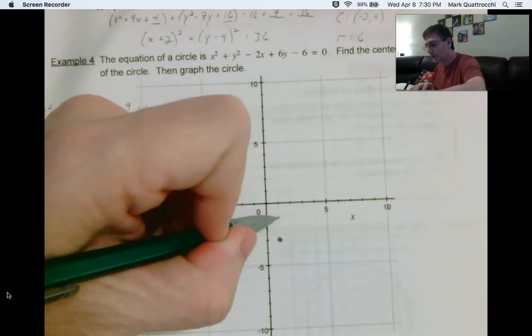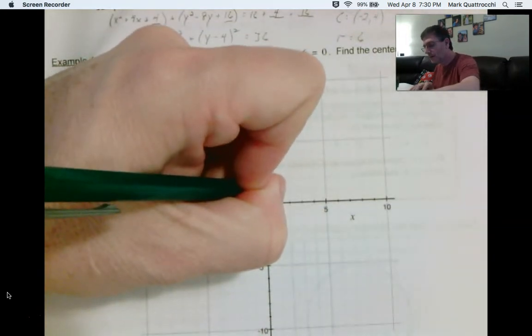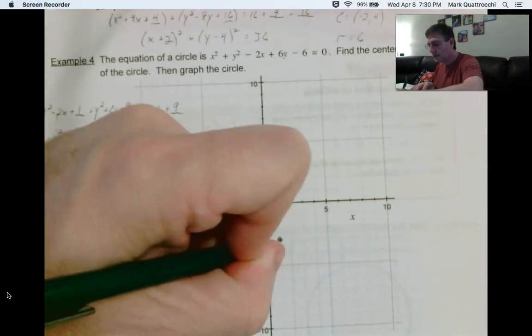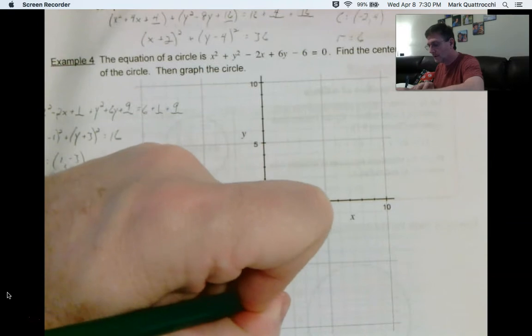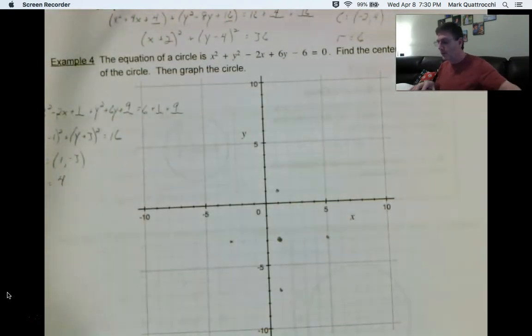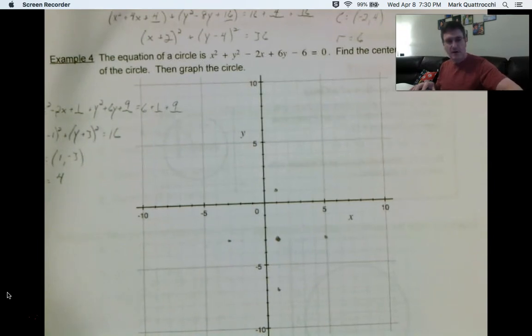So up 4. 1, 2, 3, 4. And I'm actually not going to try and freehand this.